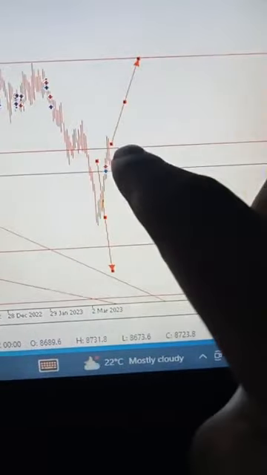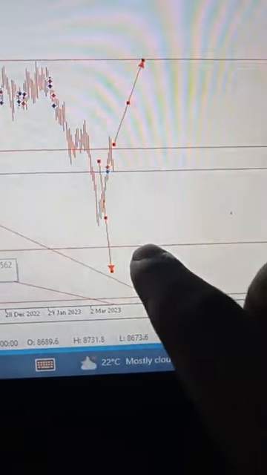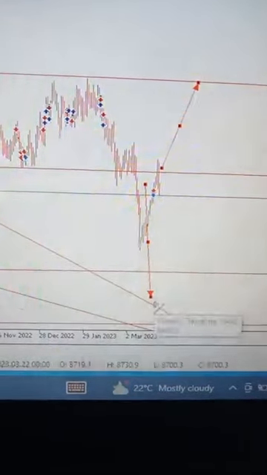Look, our market came from here, started buying from here. So definitely this market is supposed to come up to here first, then fall to the wedge. It must complete the wedge.